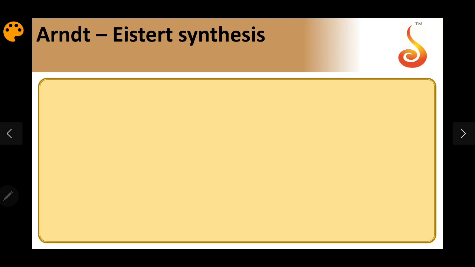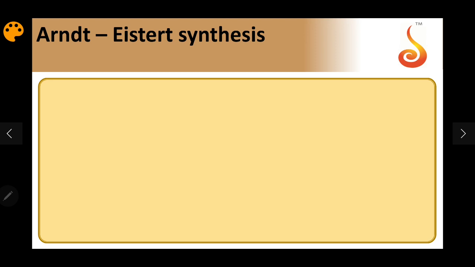Arndt-Eistert synthesis. Here it is a little different. The mechanism is almost the same, but the reaction is not called Hofmann rearrangement. This reaction is basically an ascent in the series.